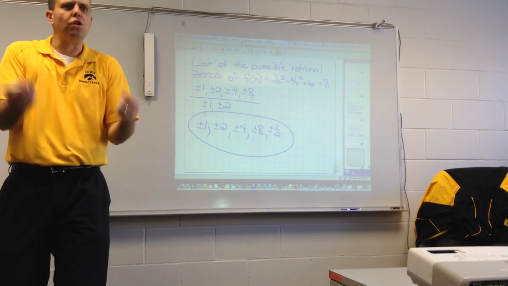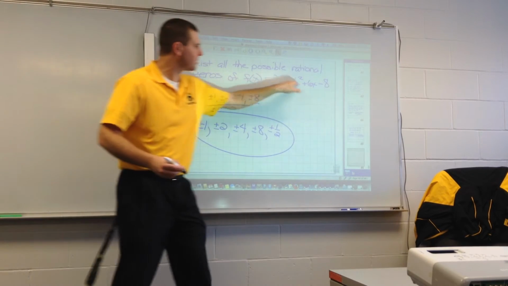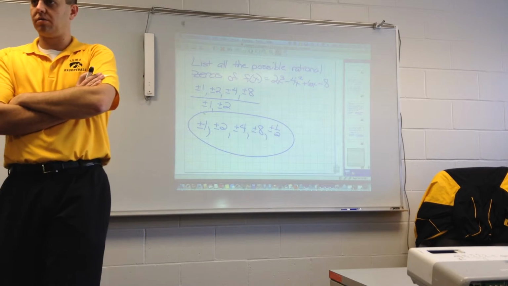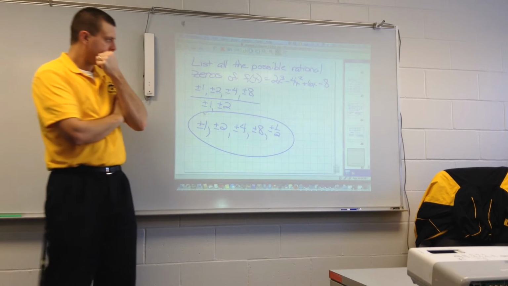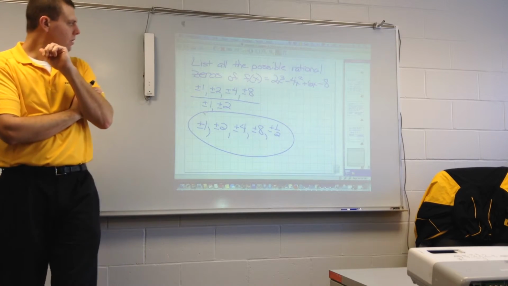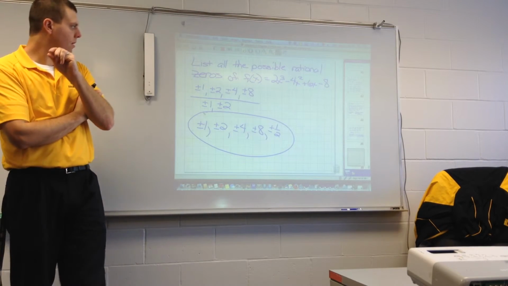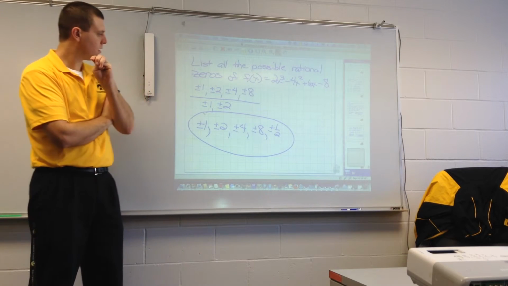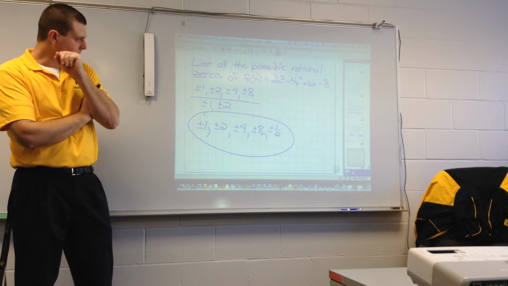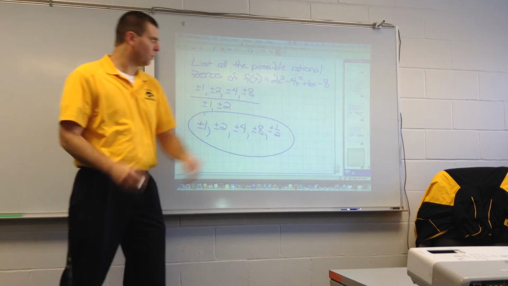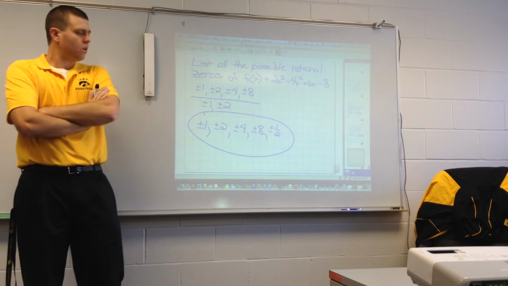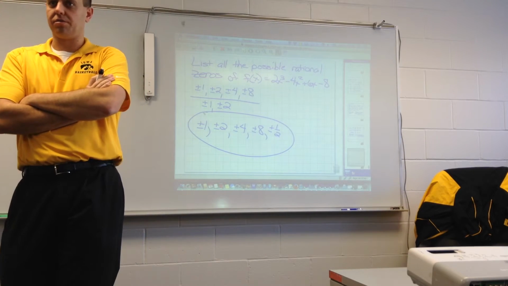And then if you had to, you could plug those numbers in for x to see if any of them actually are zeros of that function. Now, I just made this polynomial up, so I don't know if it does have rational zeros.